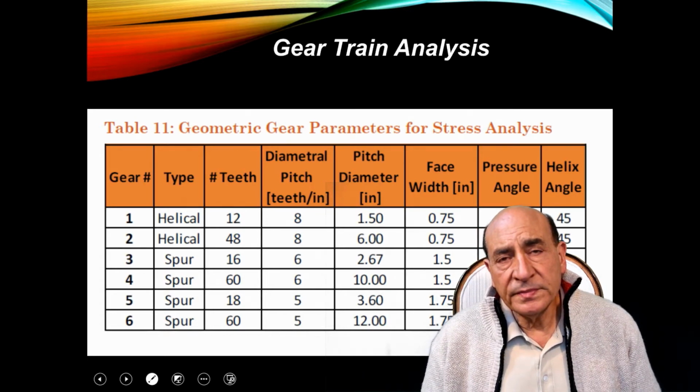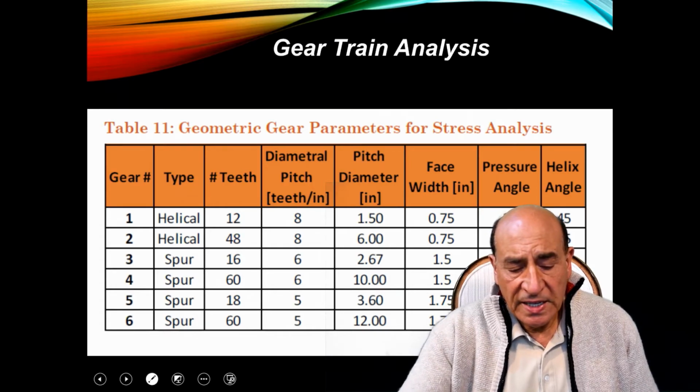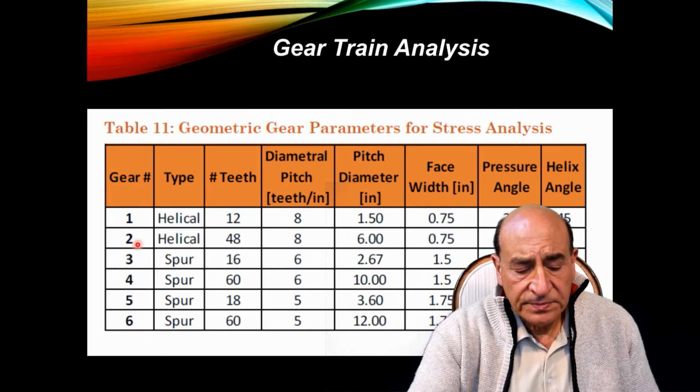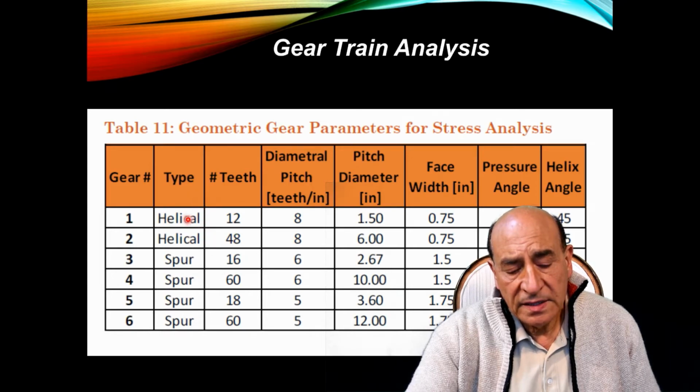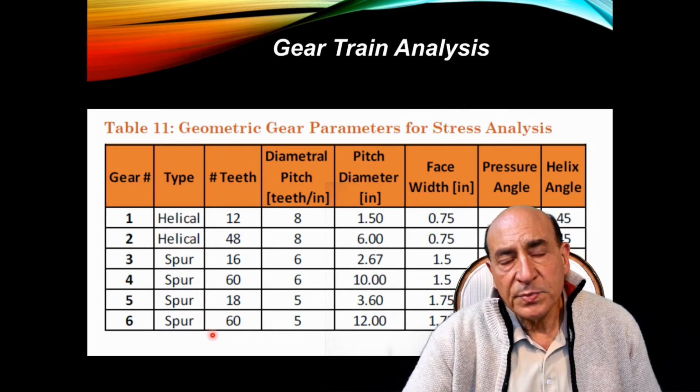So the next step is going to be the gear train analysis, and in this system we have 1, 2, 3, 4, 5, 6 gears, and we specify the type of the gear. The 1 and 2 are helical, and then 3, 4, 5, 6 are spur gears.